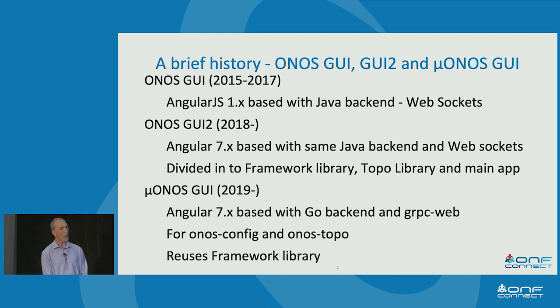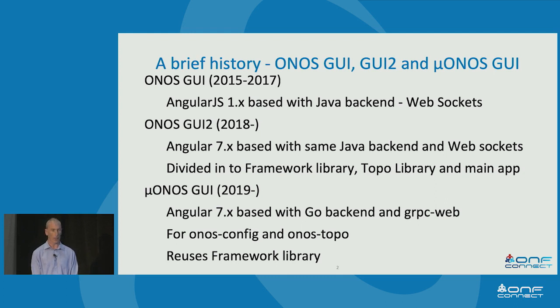Then, as we started Micro ONOS, we decided for this conference that we'd like to have a GUI as well. And so what I started was the Micro ONOS GUI just during the summertime. Again, it's Angular 7 based, but this time, rather than using the Java backend and the WebSockets, we decided to go directly for gRPC.